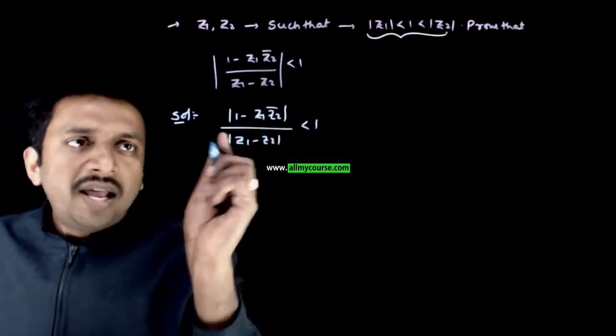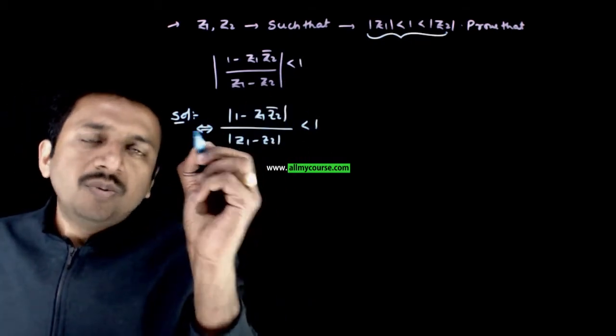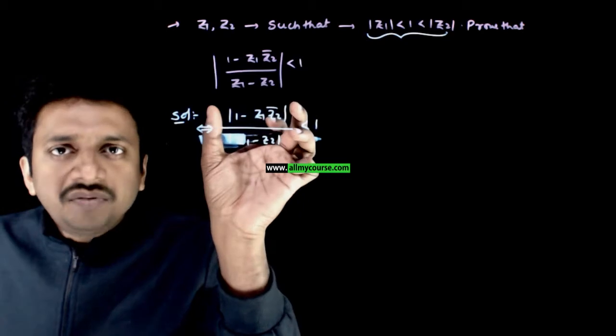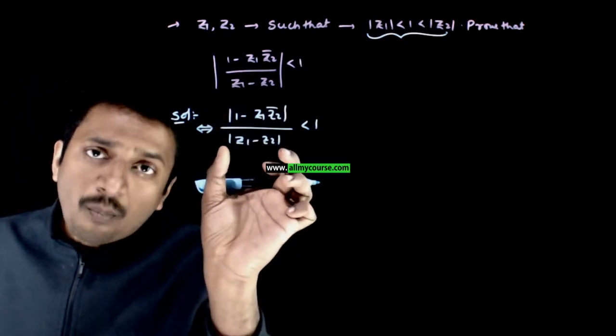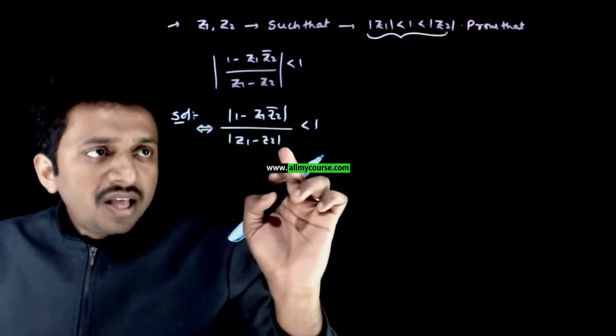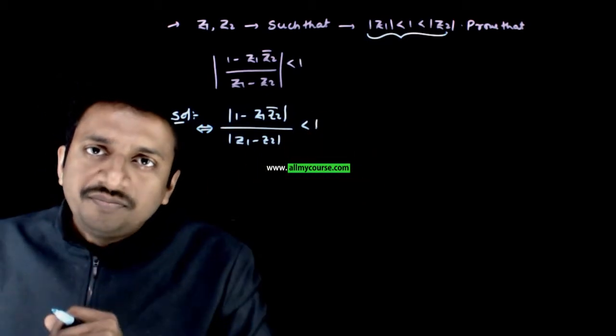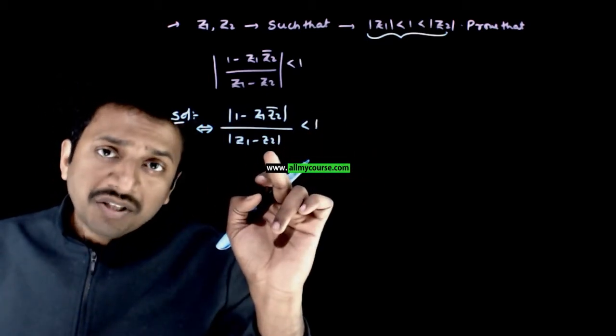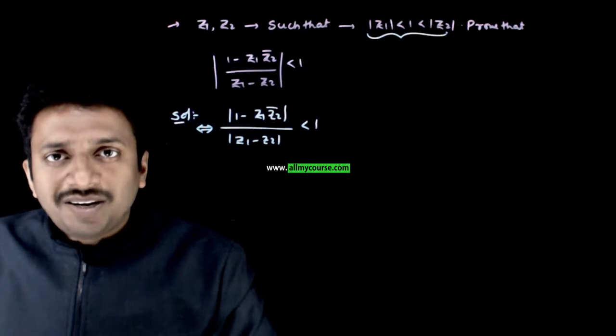So if this is valid, then this has to be valid. Now mod of a complex number is positive, hence I can cross multiply this. If you have positive quantities, they can be cross multiplied.